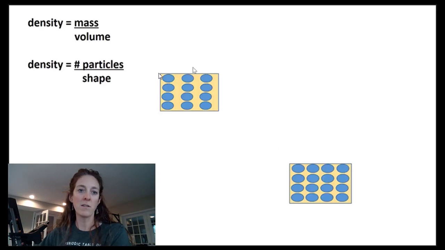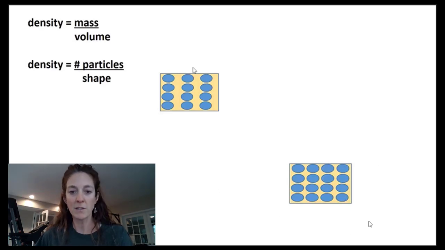We would say, well, we have again the number of particles per volume, or per the shape. So 1, 2, 3, 4, 8, 12 compared to 4, 8, 12, 16. Well, this one is more dense. There are more particles in a given amount of space. So more dense, less dense.